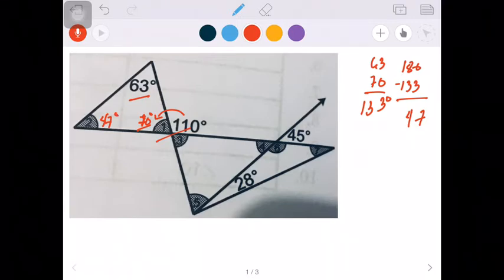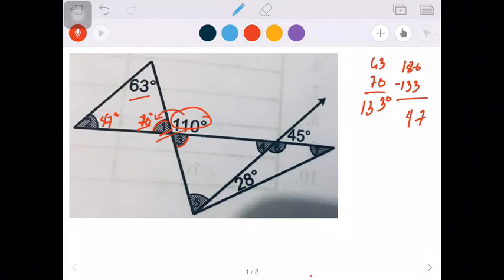Let's move to the third angle of our given. So here you can see angle 3 actually forms another relationship with the exterior angle 110. And we mentioned earlier that for one interior angle, there exist 2 exterior angles.